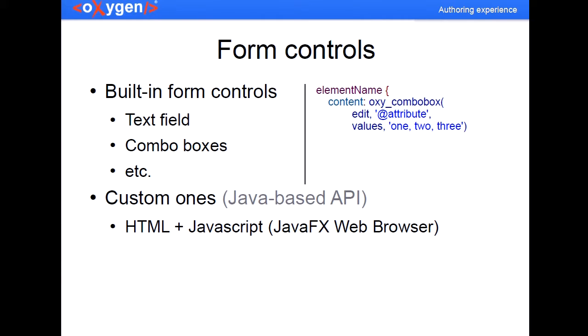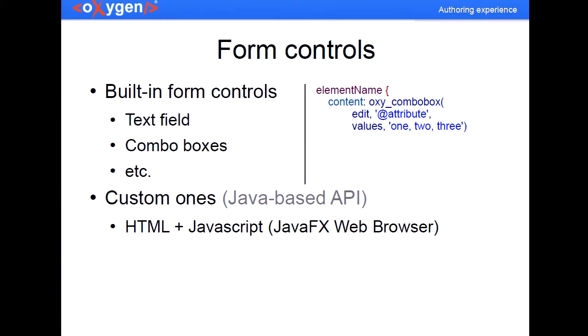A lot of our users have implemented such custom form controls. But the downside is that you need to use our Java-based API to create them, and some of our users are not that familiar with the Java programming language.